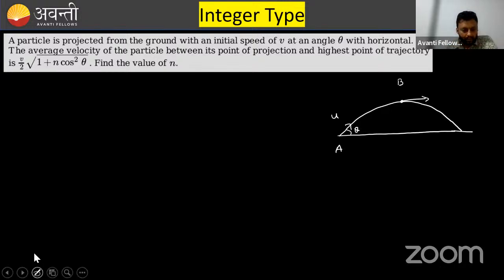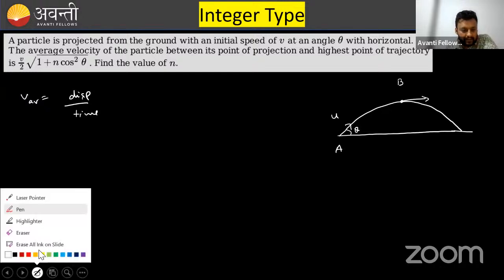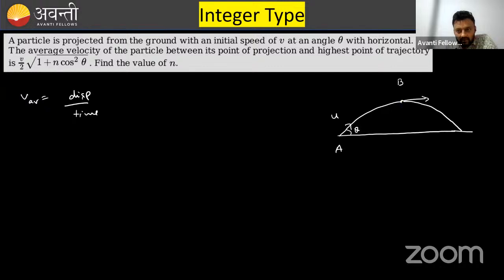Okay, average velocity is what? Can I say displacement over time? Between A and B, displacement over time. If we say this is the maximum height h, then this will be R by 2. And this displacement, let's suppose displacement is d.